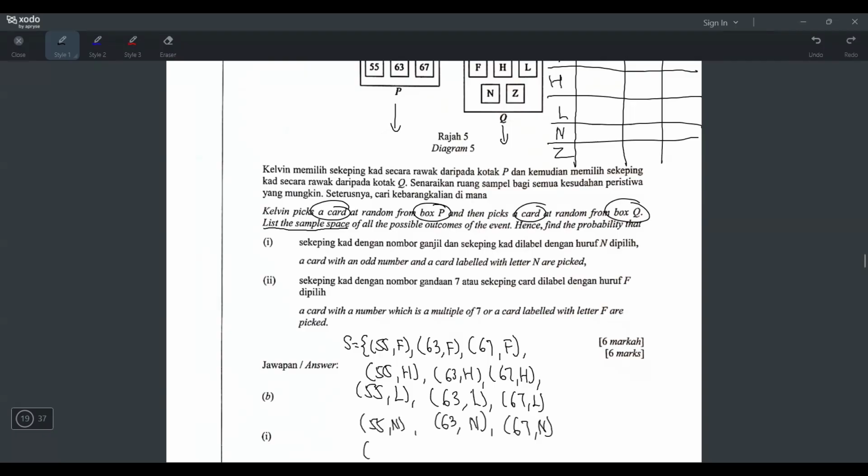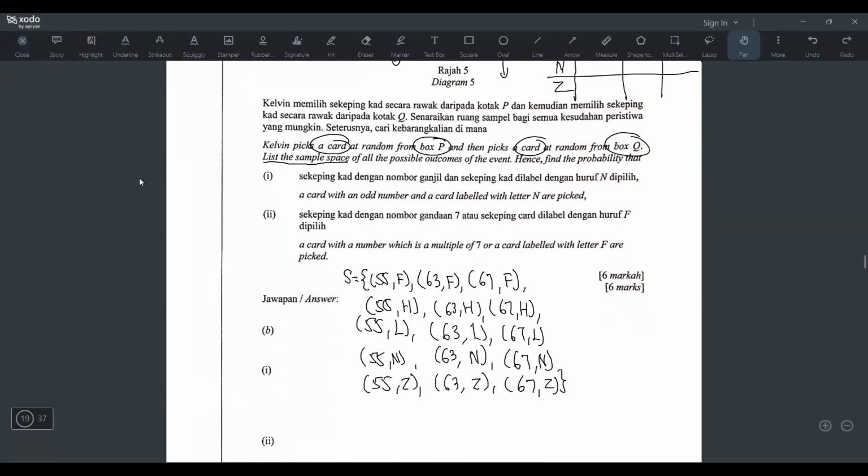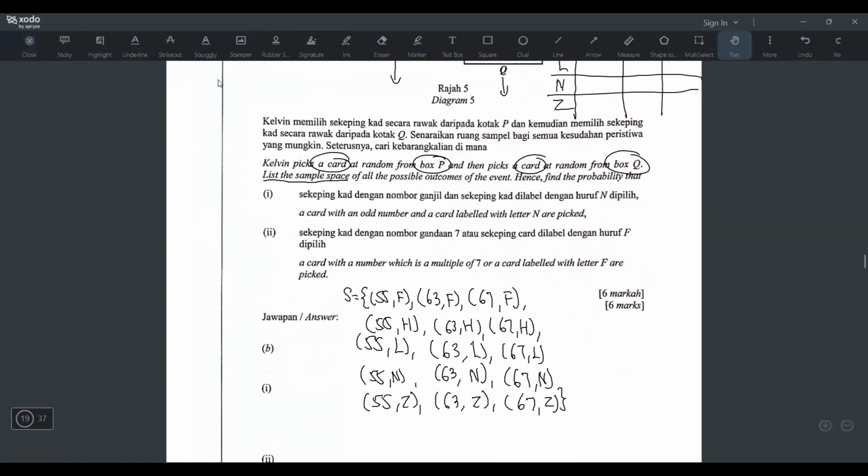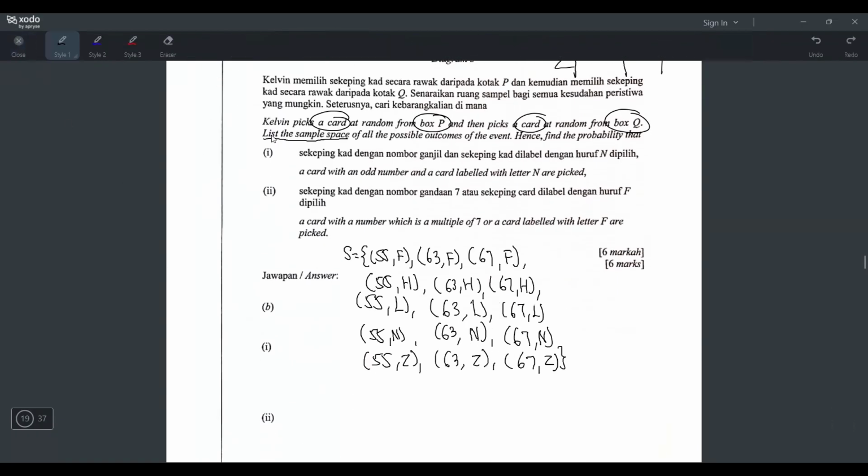The final last three: 55Z, 63Z, and then 67Z. And then don't forget to close the curly bracket. These are the 15 possibilities, 3 times 5. Actually what I'm doing just now is just writing down all the 15 possibilities, listing them out. Now I already did what they asked, which is list down the sample space. Now we can find the probability for number one.